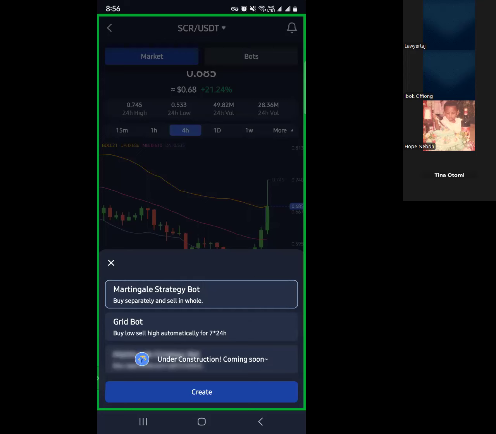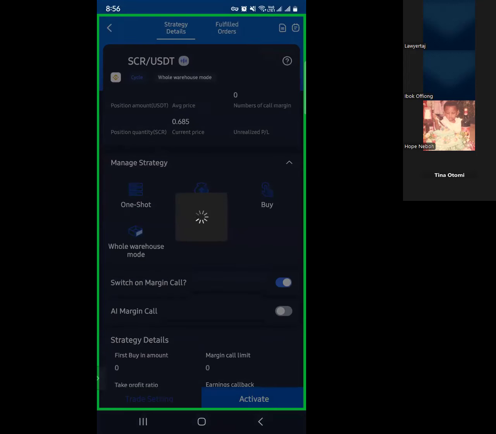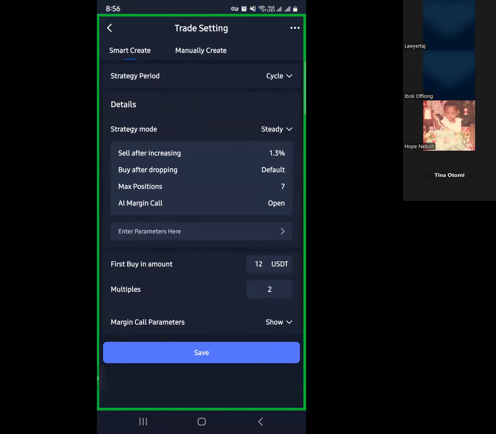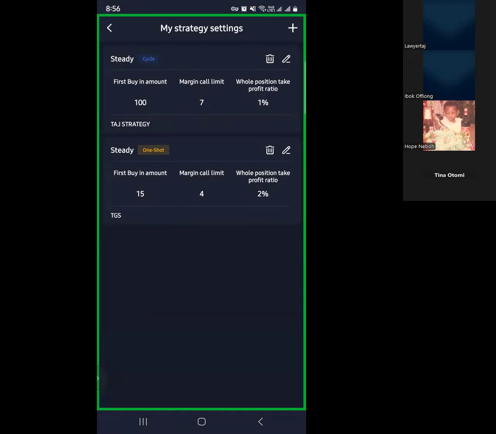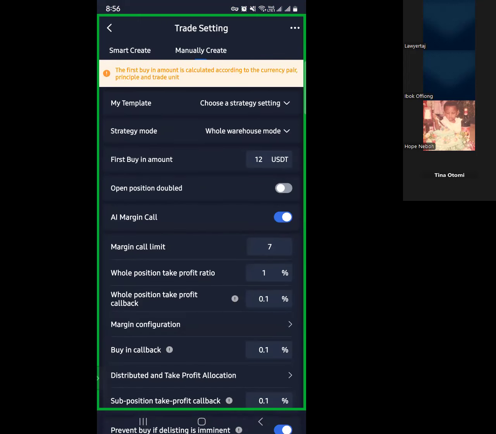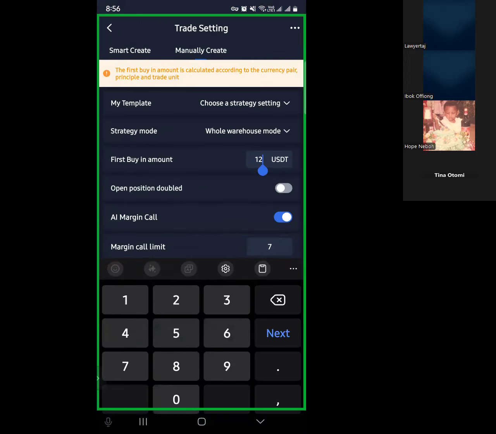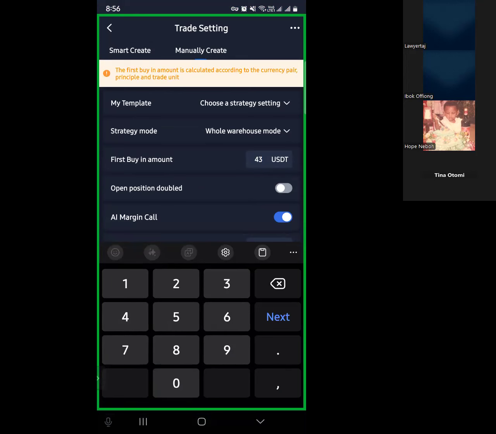Go to Martingale, come to create, come to trade strategy, manually create, choose the strategy setting. I'm gonna choose my strategy, TAJ strategy. You don't have my own strategy now. I'll click on it. I'm gonna change this figure to 43.